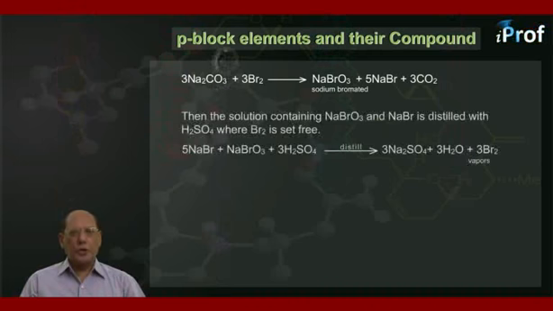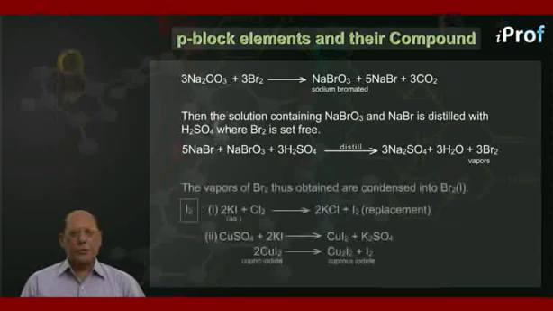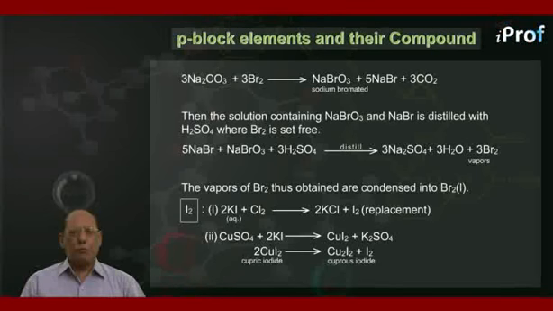Then the solution containing sodium bromate and sodium bromide is distilled with sulfuric acid where bromine is set free according to the following reaction. That is 5 NaBr plus NaBrO3 plus 3 H2SO4. On distillation we get 3 Na2SO4 plus 3 H2O plus 3 Br2 vapors. The vapors of bromine thus obtained are condensed into bromine liquid.